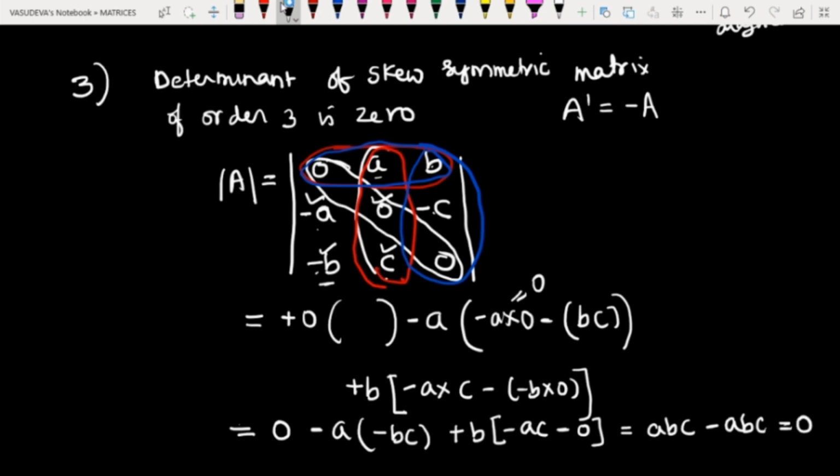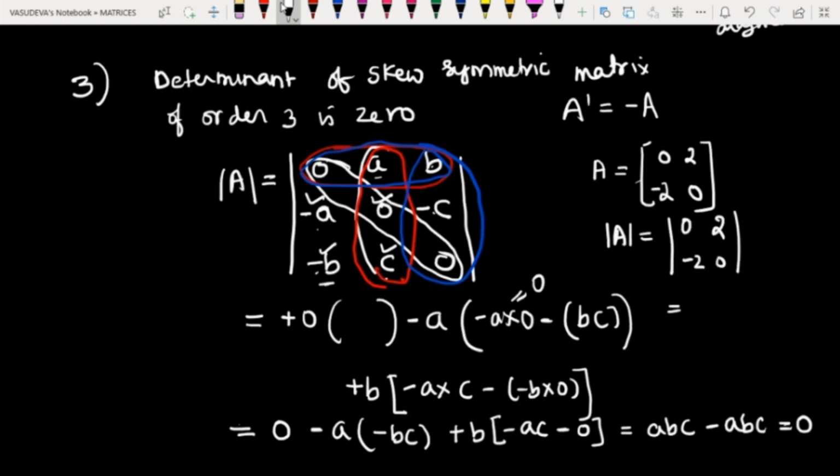But if we take the determinant of a skew symmetric matrix of order 2, it is not 0. Now consider one problem: if A is a skew symmetric matrix of order 2, this is 0, 2, minus 2, 0. Let us see what we get when we evaluate it. The determinant of 0, 2, minus 2, 0.